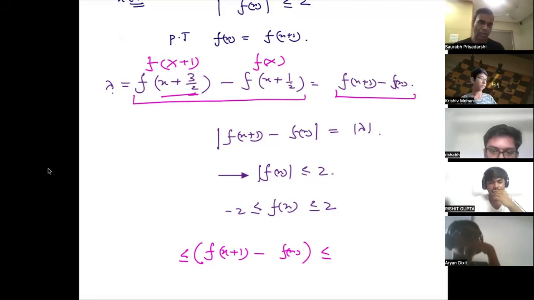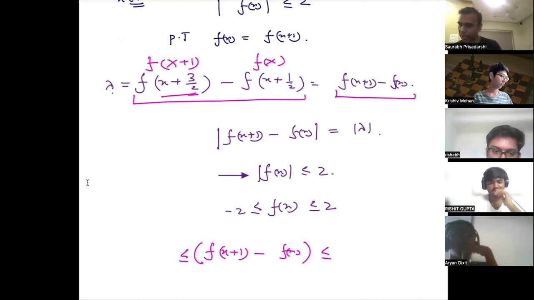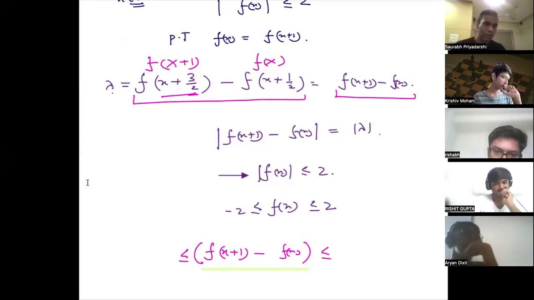I got only 3 responses. Everyone write down what is the minimum and maximum value of this. This is a very simple point. Very good. Everyone write down, that's important.